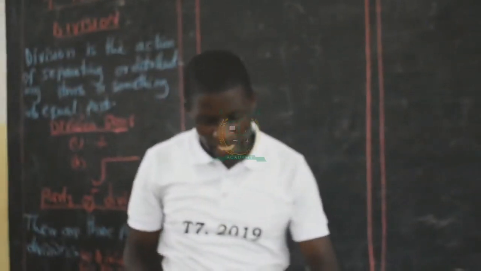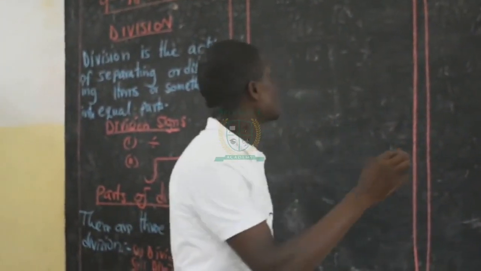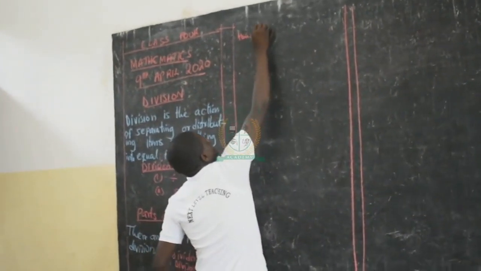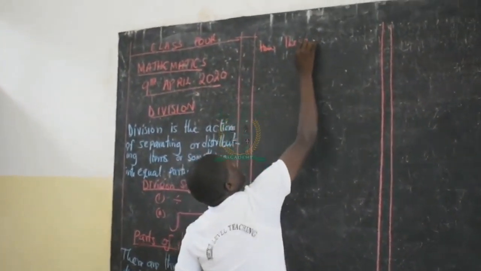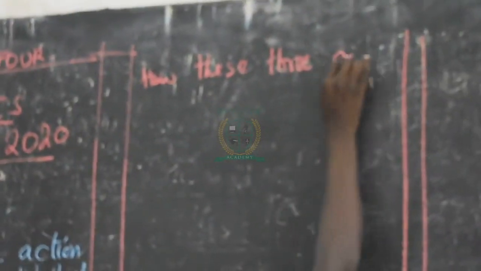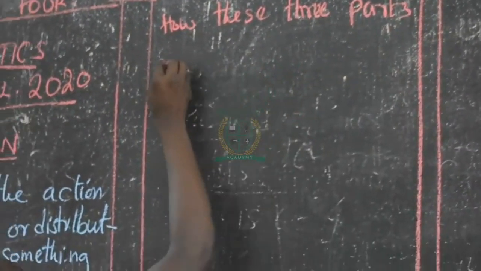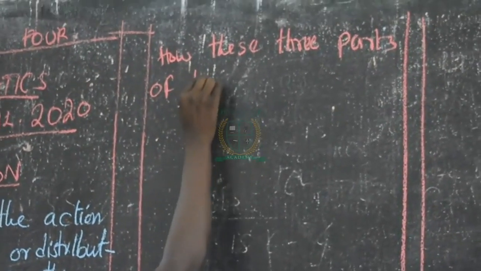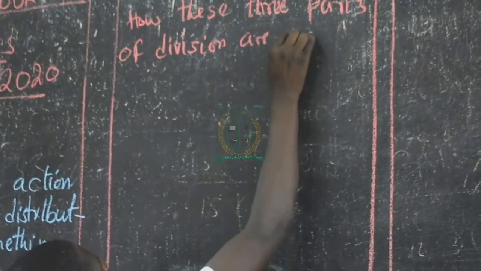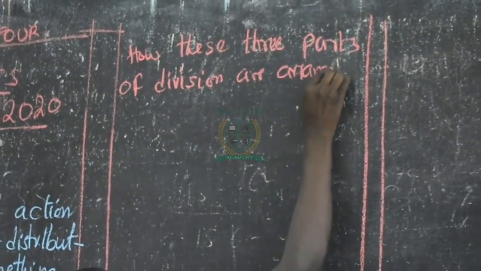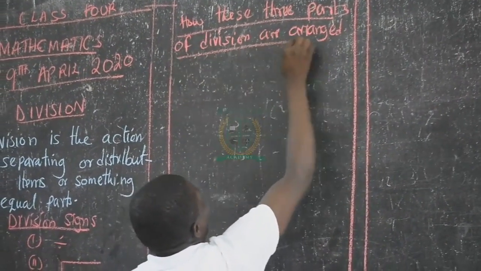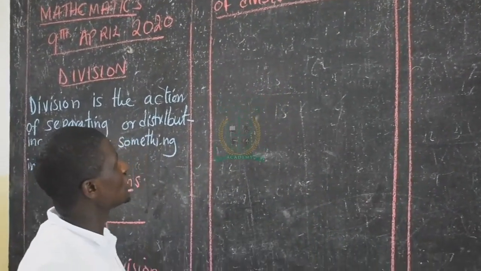Let's see how these 3 parts of division are arranged.